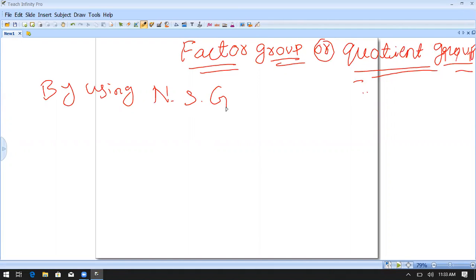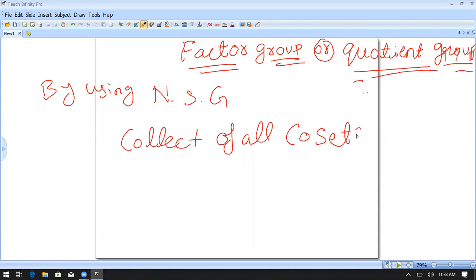Let us see: the collection of all cosets of H in G. So what are they saying in the definition?